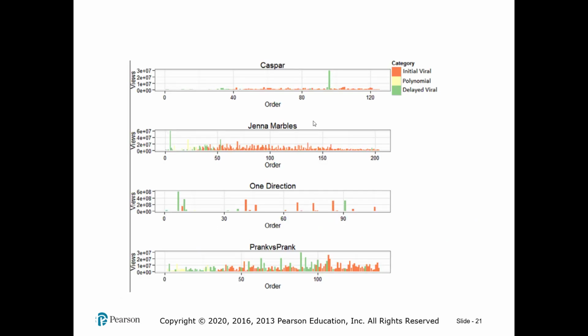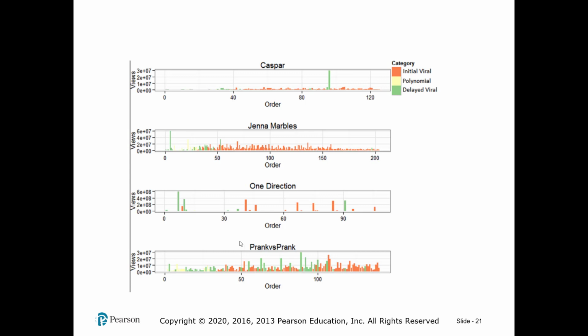And then we looked at this in the context of popular YouTube channels, and we found that most of the channels got a lot of these delayed virals, where we slowly built buzz about videos at the beginning of the channel. And once the channels had an inbuilt audience, then we had more of these negative exponential, where they had a lot of initial views, and then this slowed down over time.